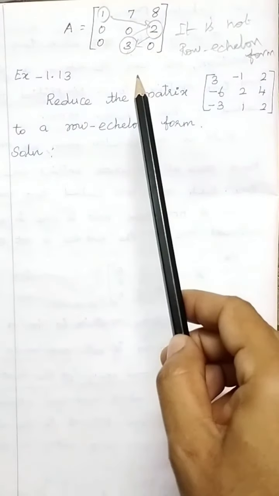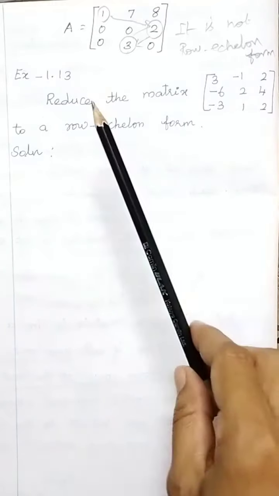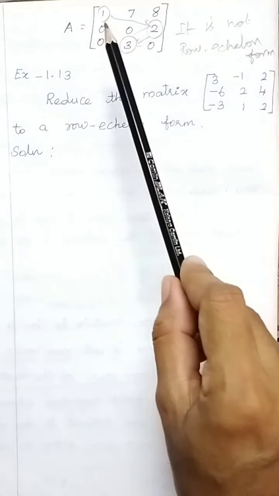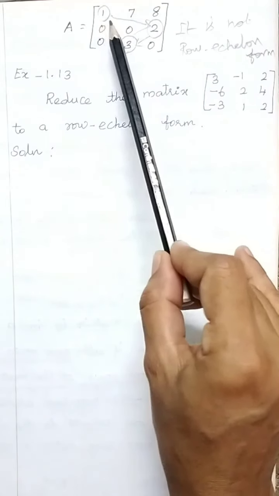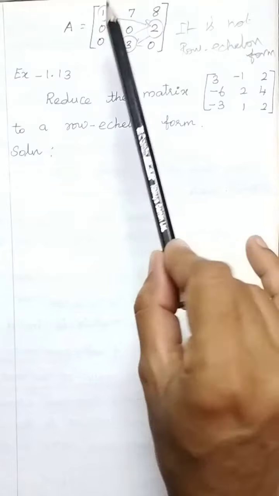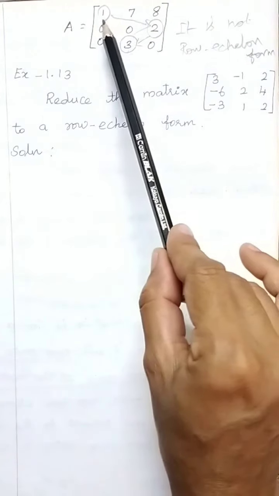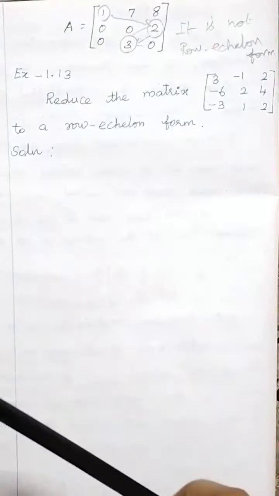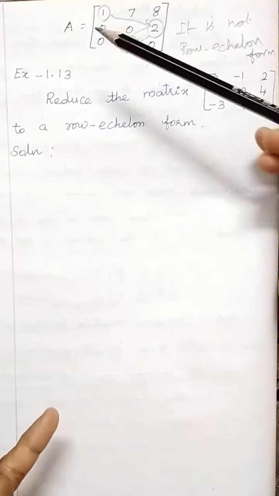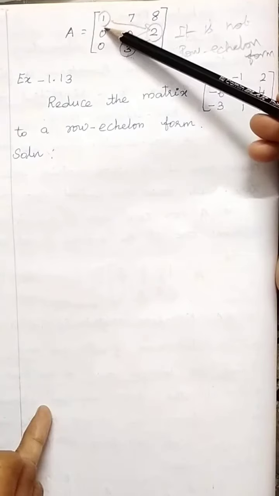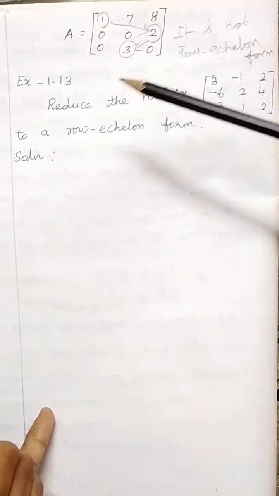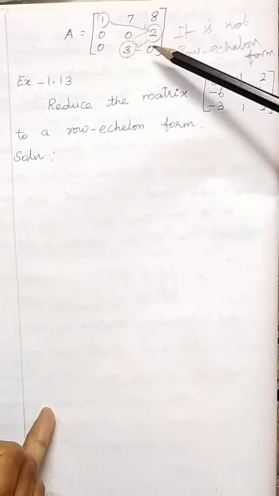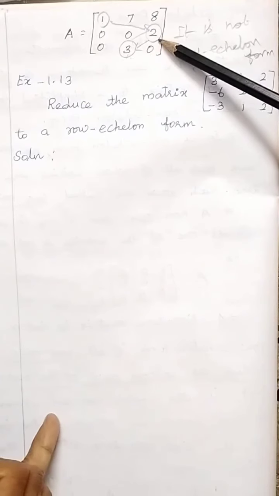Do you understand what I explained? First, you check the first row, first column entry, called the entry element. Is it 0 or non-zero? If the first element is non-zero, our first condition is satisfied. Next you check that below this non-zero entry the entries are 0. Next you check the second row non-zero element.